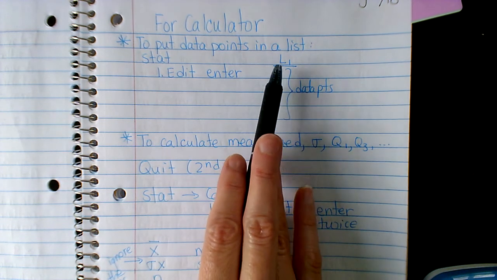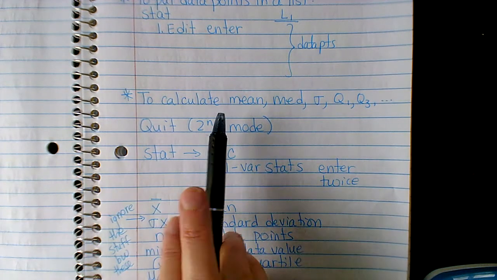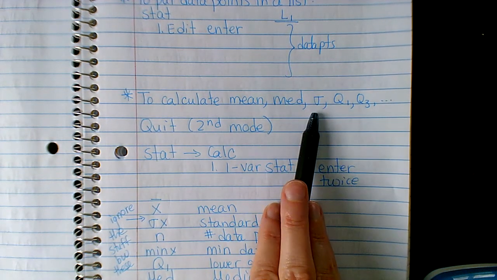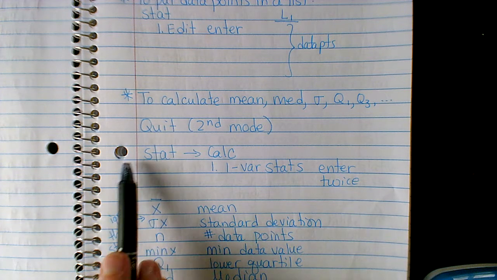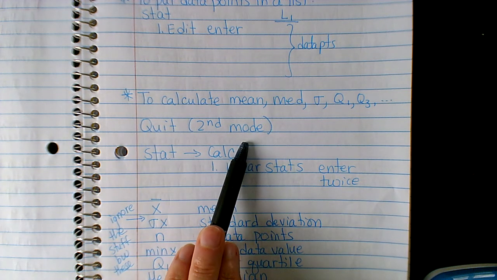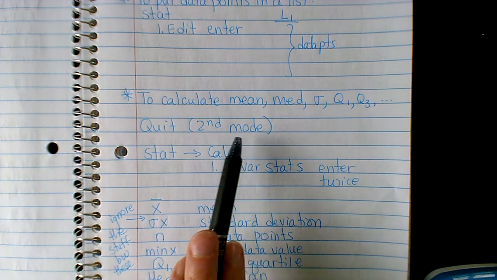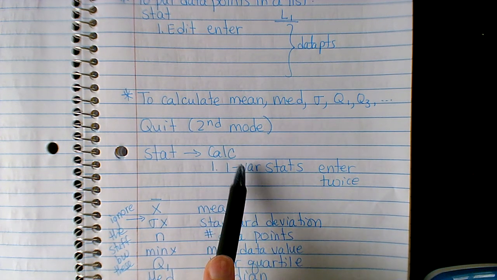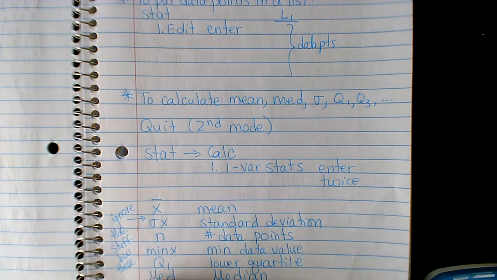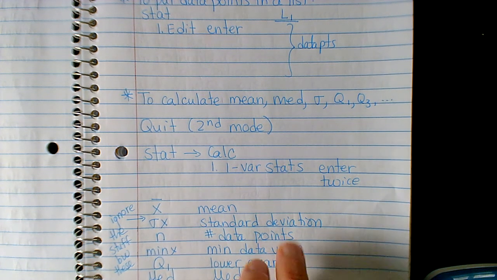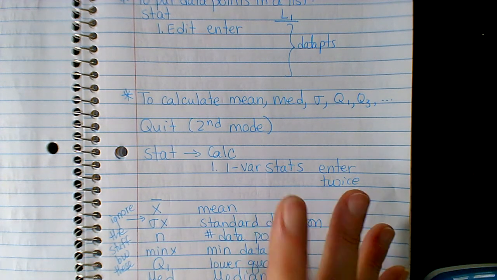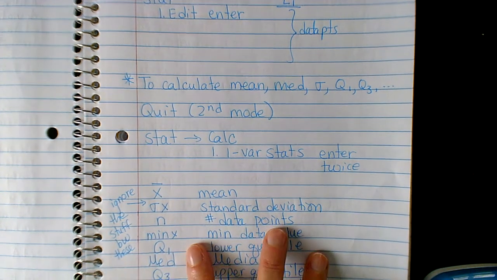You put the data points in L1 to calculate the mean, the median, the quartiles, the standard deviation. I usually hit Quit. That's just a really good practice to get into because there are some edit screens where you have to get out of them before you can do a calculation. This one didn't happen to be that way, but like I said, it's a good habit to get into.